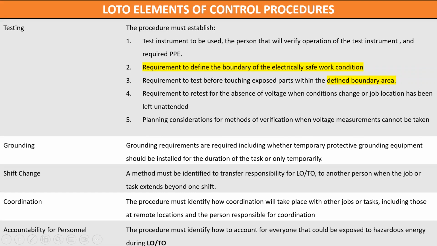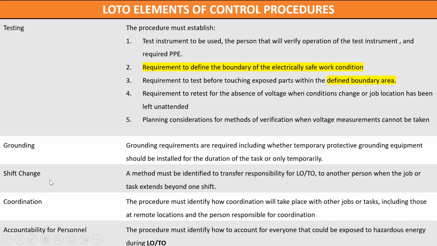The grounding requirements are required, including whether the temporary protective grounding equipment should be installed for the duration of the task or only temporarily. So we should install grounding equipment or grounding devices to provide grounding to the equipment which is being put into an electrically safe work condition.